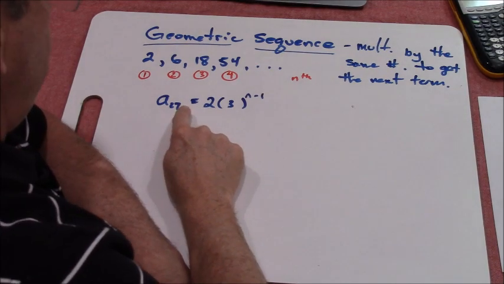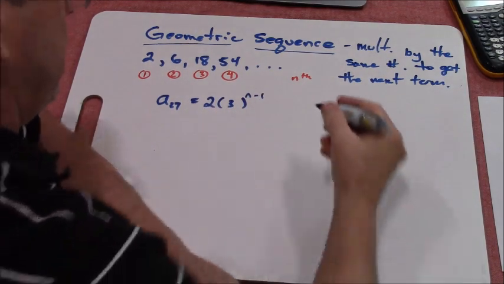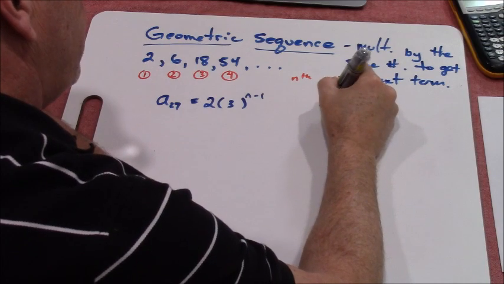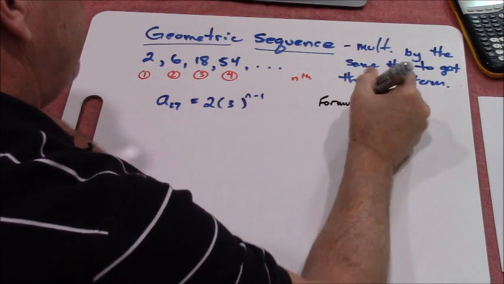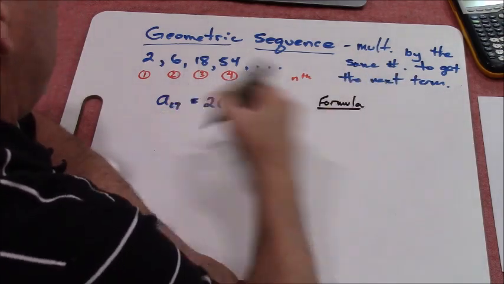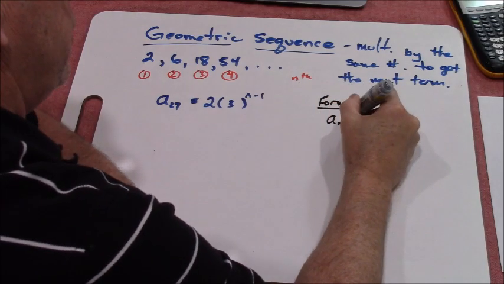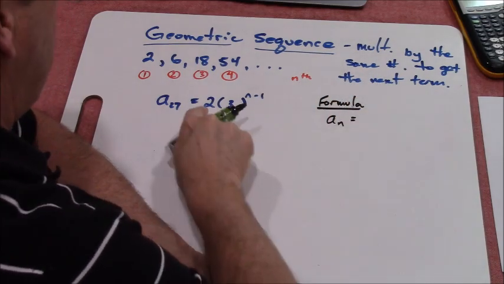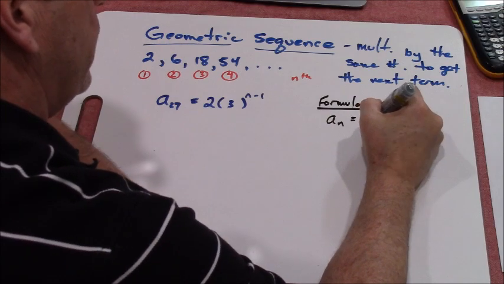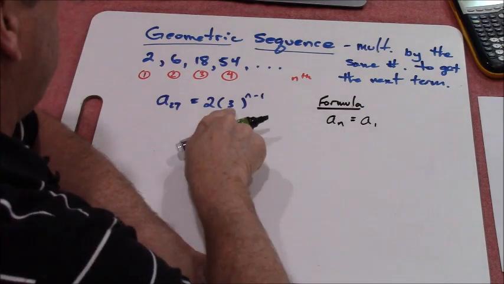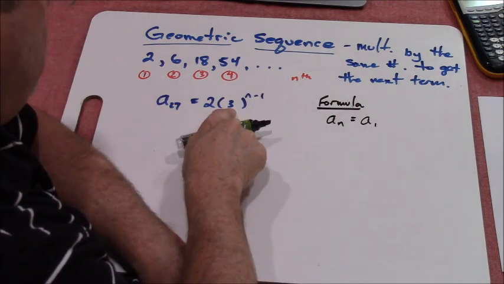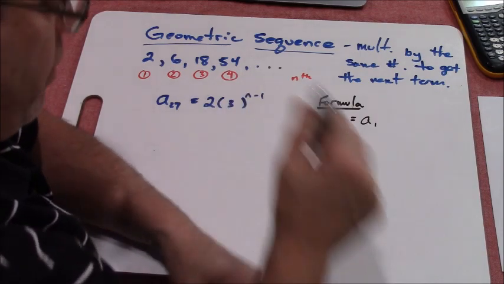So what we want to do is come up with a formula here. Our formula says to find the nth term, I'm going to start with the first term, a sub 1. I'm going to multiply, in this case, by 3, but we need to know what to call that.